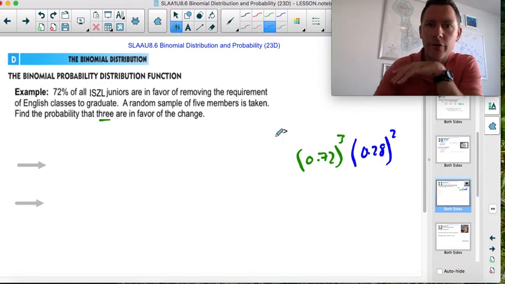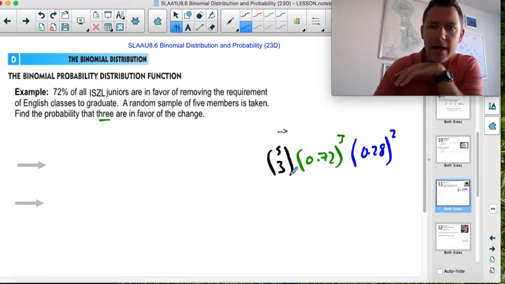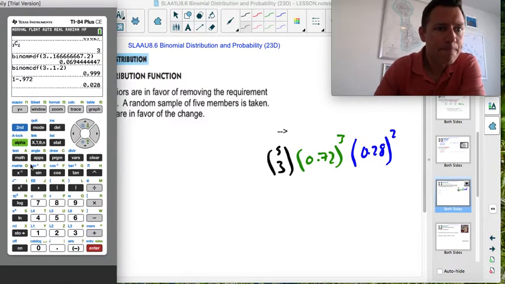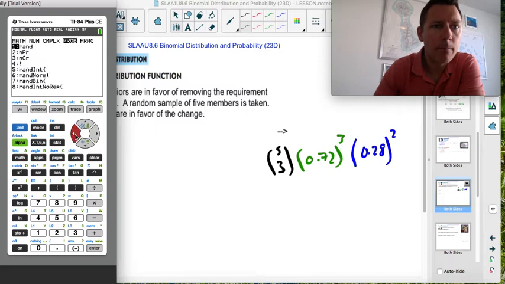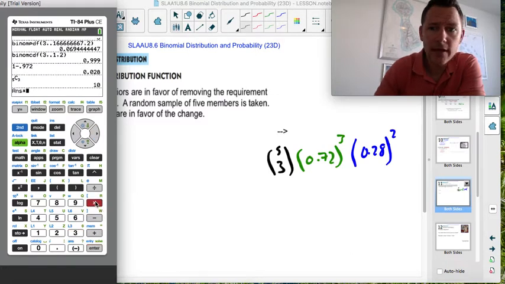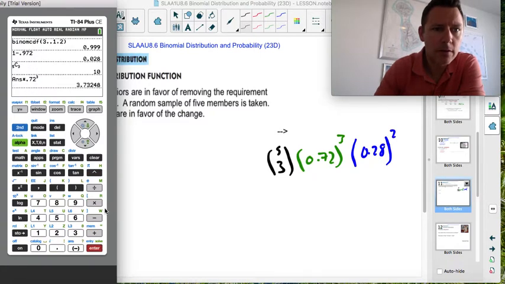And therefore there should be a 5 choose 3 out in front. We could do that by ourselves with n choose r. This would be 5 choose 3, enter, 10, times 0.72 cubed times 0.28 squared.